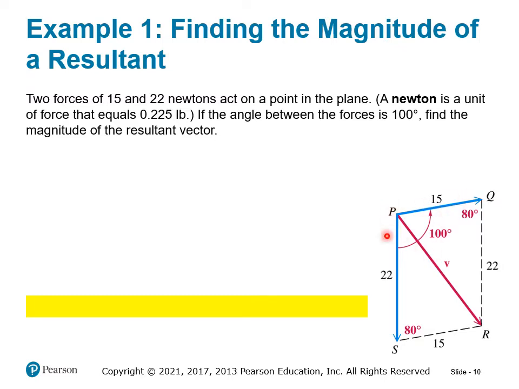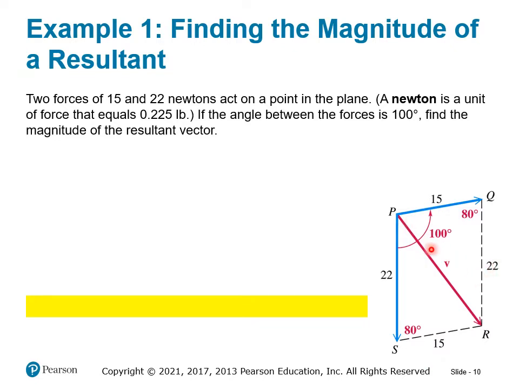Remember that we find the resultant vector by drawing the parallelogram and then building a diagonal across from the initial point of both of the vectors. So we're trying to find the magnitude of vector v, this diagonal in the parallelogram. We know that opposite sides are equal, so we have 15 and 22.